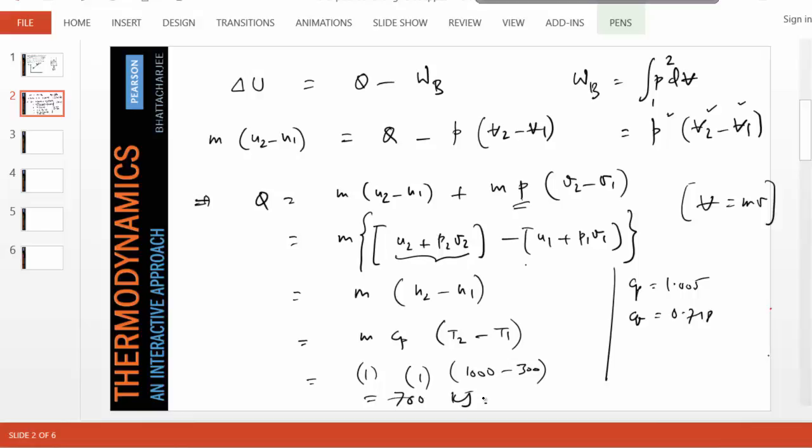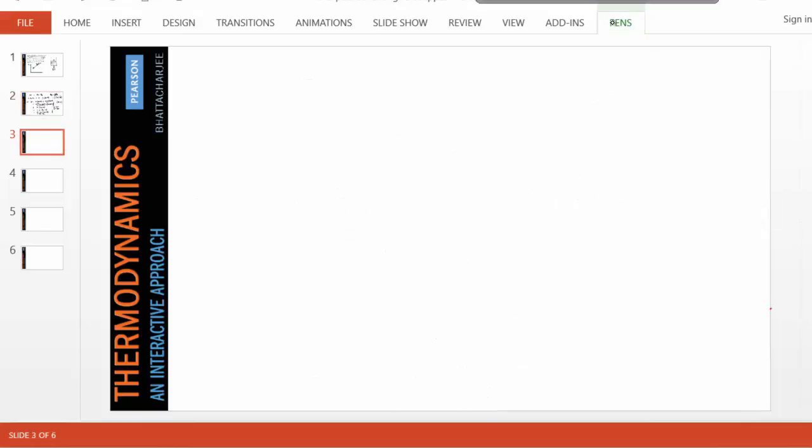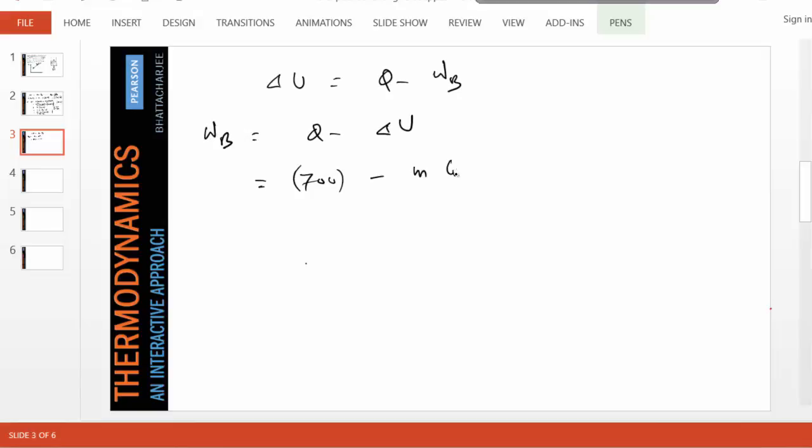We found Q, and now we can find WB, because delta U is Q minus WB. We can use this equation. WB would be Q minus delta U. Q already found, 700. And delta U is m Cv times T2 minus T1, right? Delta U is m times U2 minus U1. Recall that.